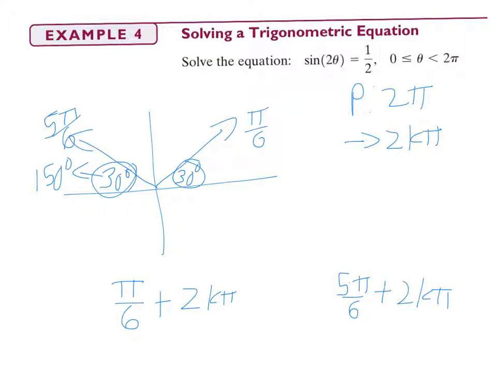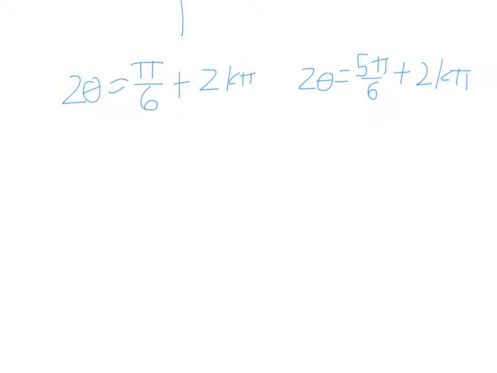But keep in mind, whenever we're solving these, we need to set them equal to whatever's on the inside, which would be 2 theta. So now, we want the particular angle, so let's go ahead and divide everything by 2.